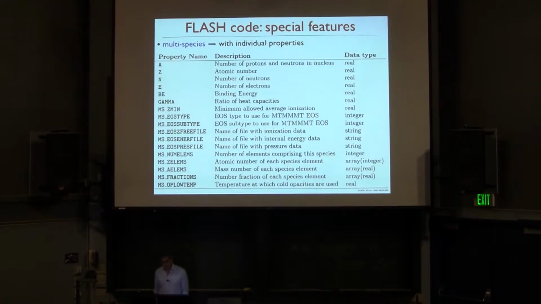And just to address this point, the Flash code is what is called a multi-species code. You can initialize and also keep track of different species in your simulation. And here is the list of the properties which you can assign to every species. You can assign some atomic properties. Most of the time you don't really need them, but for a nuclear network you might.